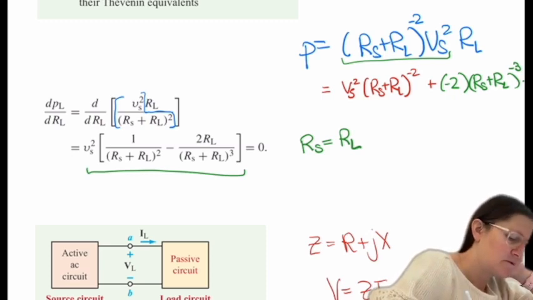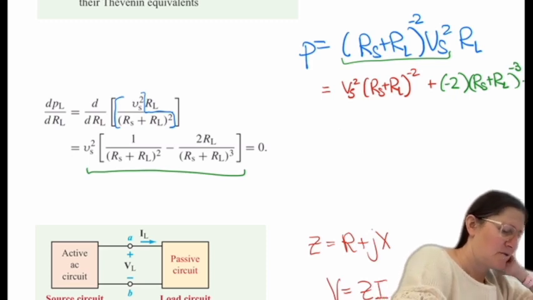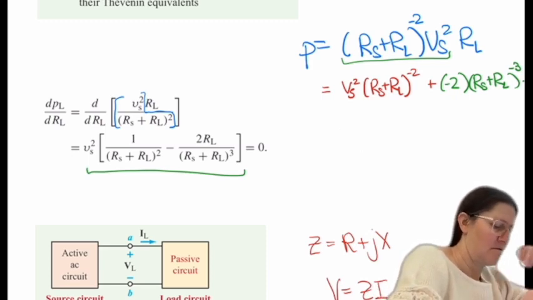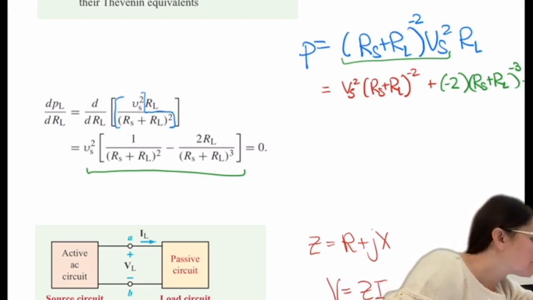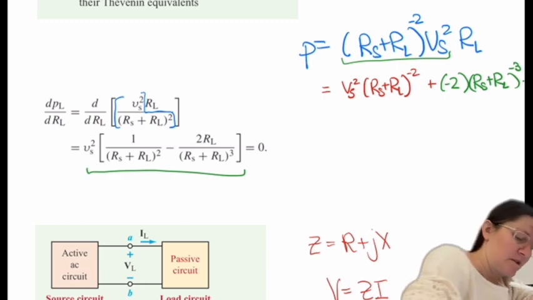Yeah, that would make the denominator 0. So 2RL would have to be equal to 1. No, because there's a cube on the bottom. Oh, yeah. RS plus RL squared.